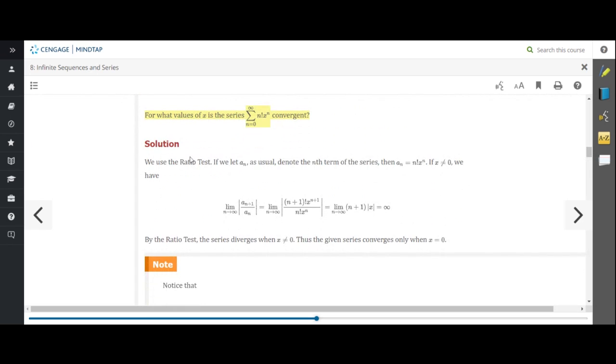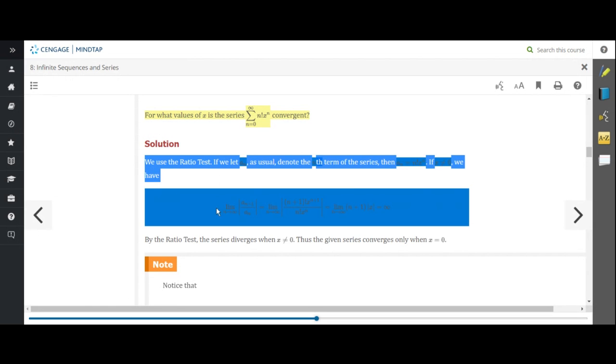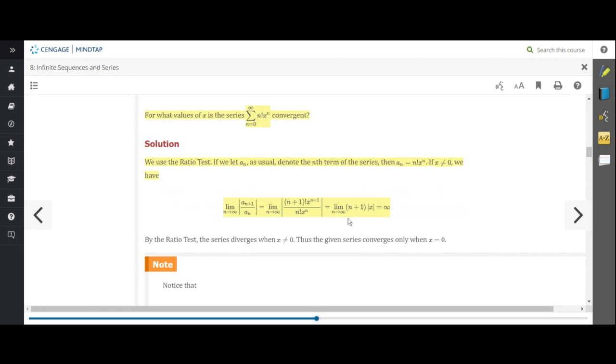And to confirm this, we're going to use the ratio test. You're going to use the ratio test for all the problems in section 8.5. We can look at the series a little bit and use our intuition, but now we use the ratio test to confirm our result.